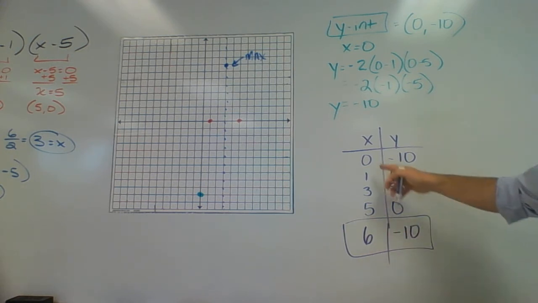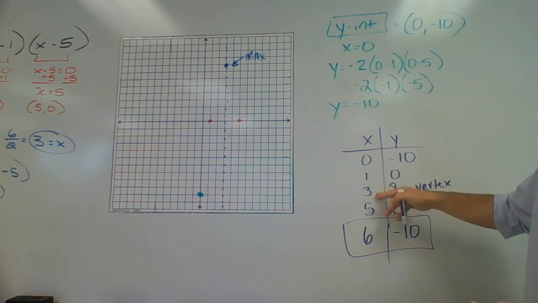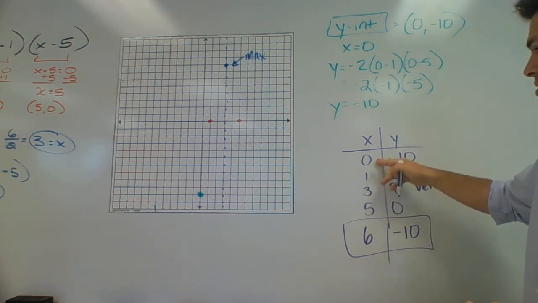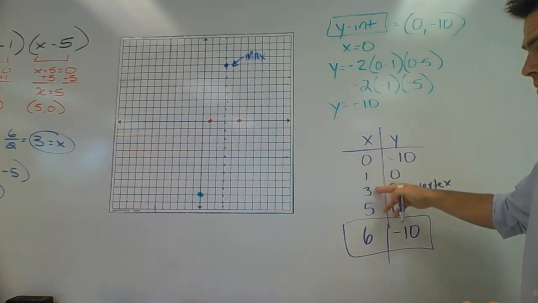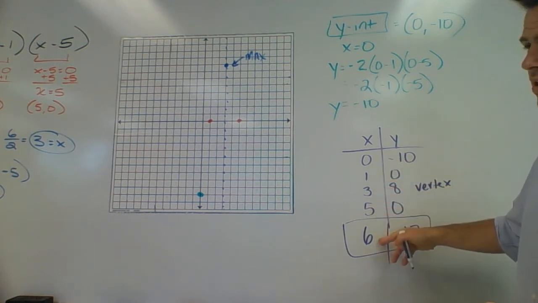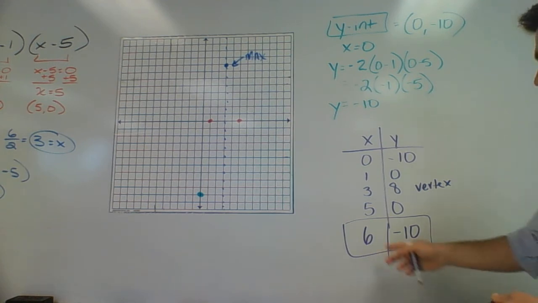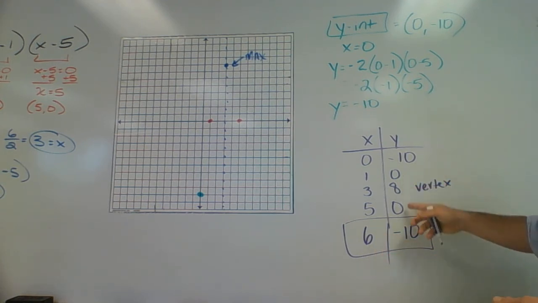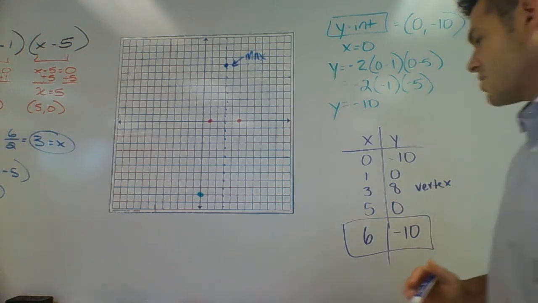So again, our vertex is (3, 8). Our x value here is 0, which is 3 spots away from the vertex. 3 spots away from the vertex on the other side of the mirror would be 6. They should have the same exact y values, just like our 1 and 5 had the same exact y values.